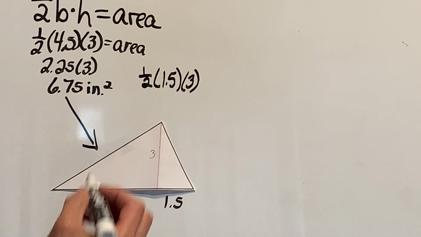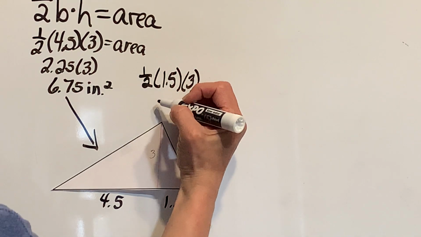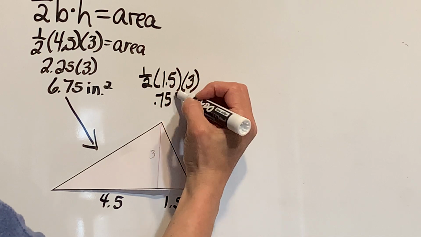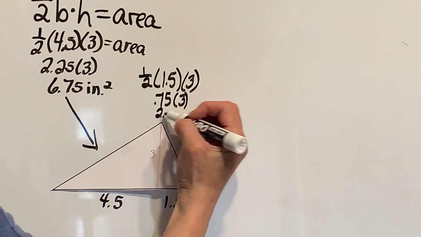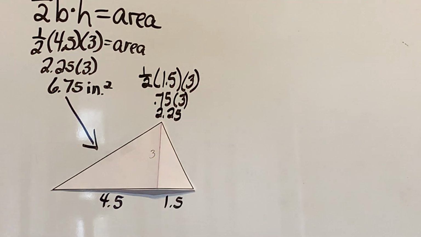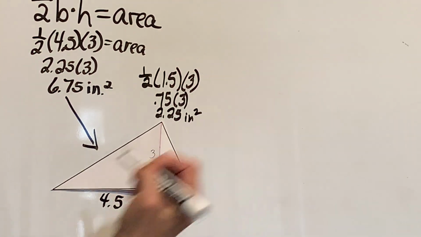So half of 1.5, I can think of that as in money. Half of $1.50 would be 75 cents, times 3, and 0.75 times 3 would be 2.25. And that again would be inches squared.